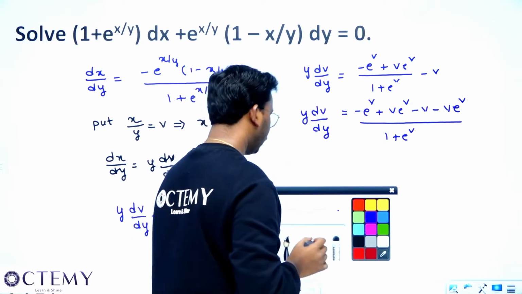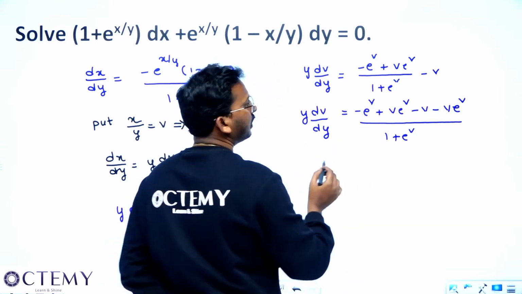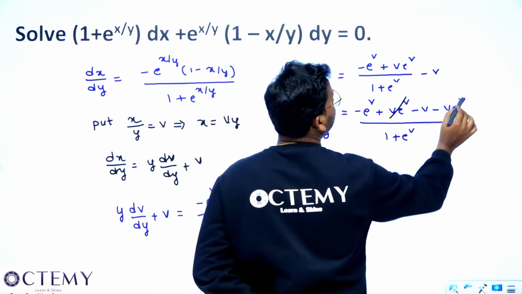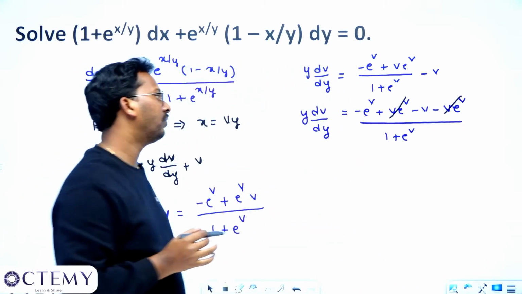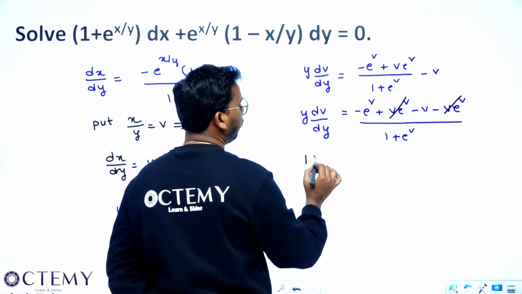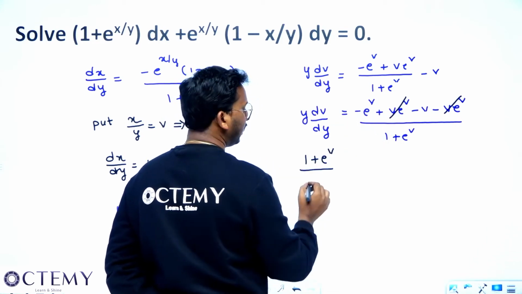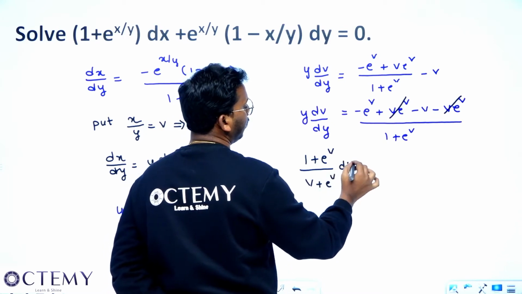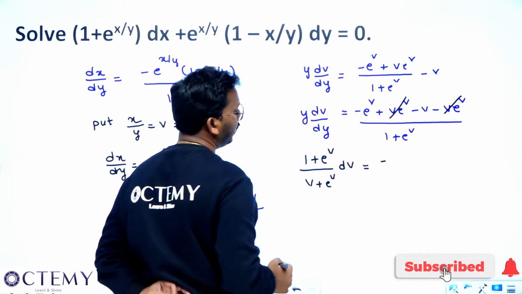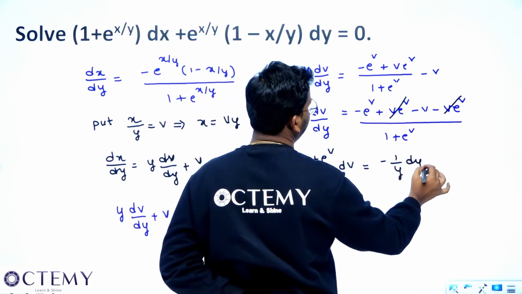Very good, sir. Now you can see this is cancelling, and separation of variables is possible. It will become 1 plus e power v divided by v plus e power v dv is equal to, minus sign is here, 1 by y dy.